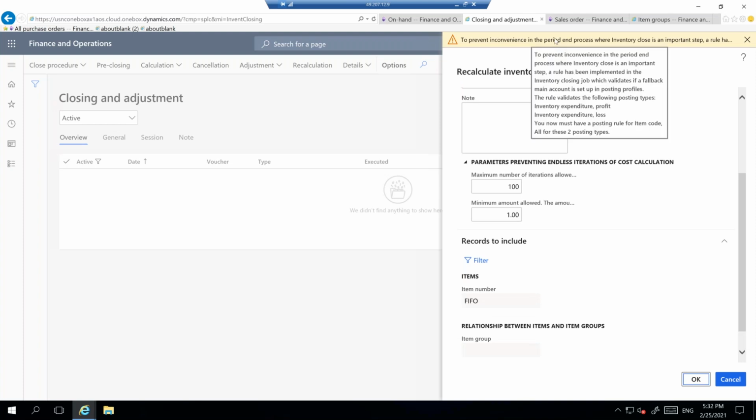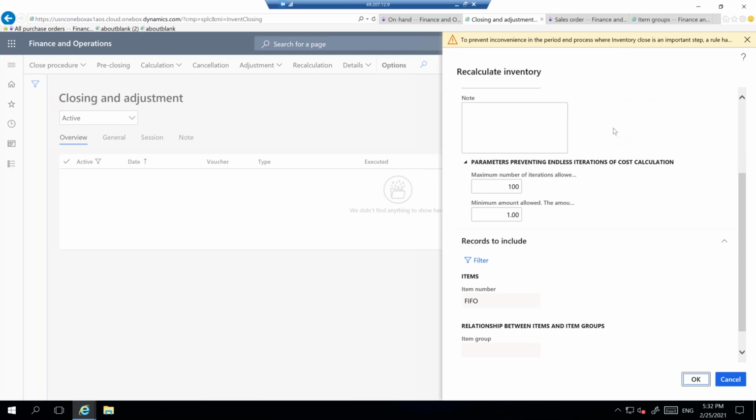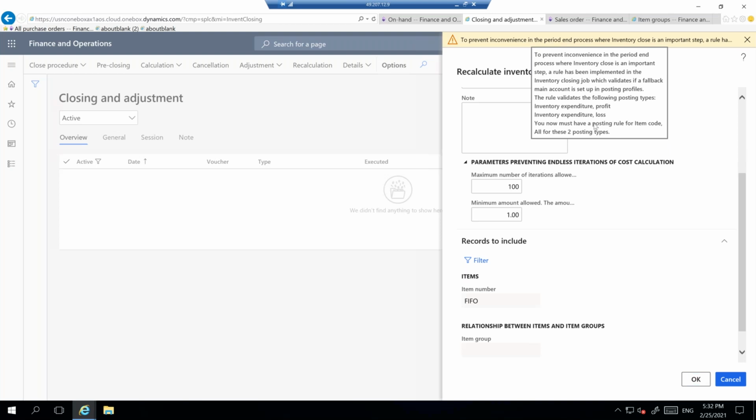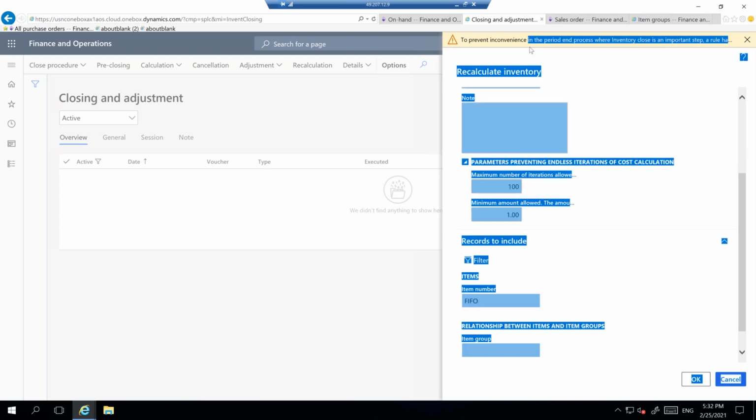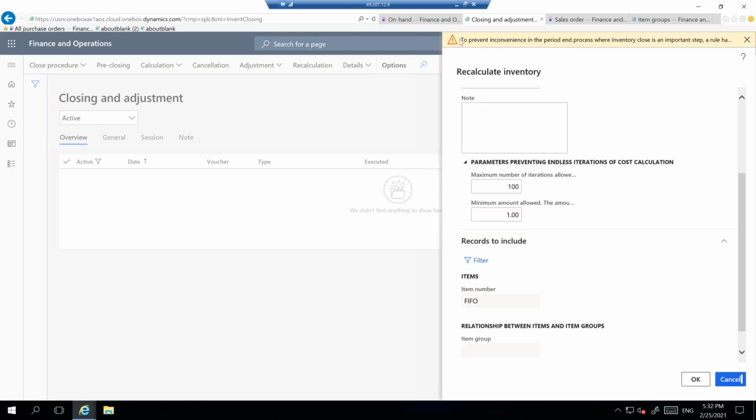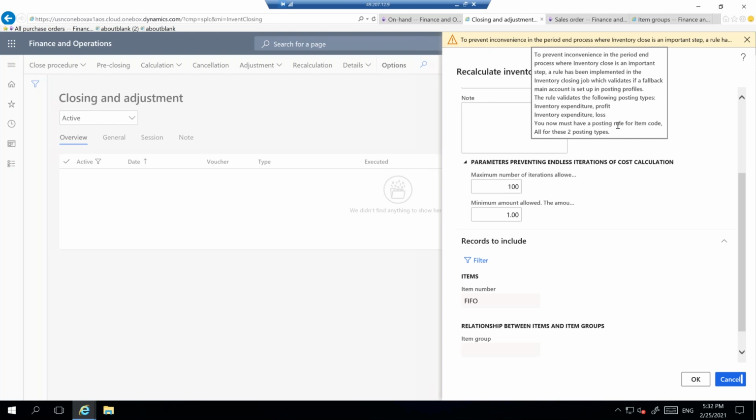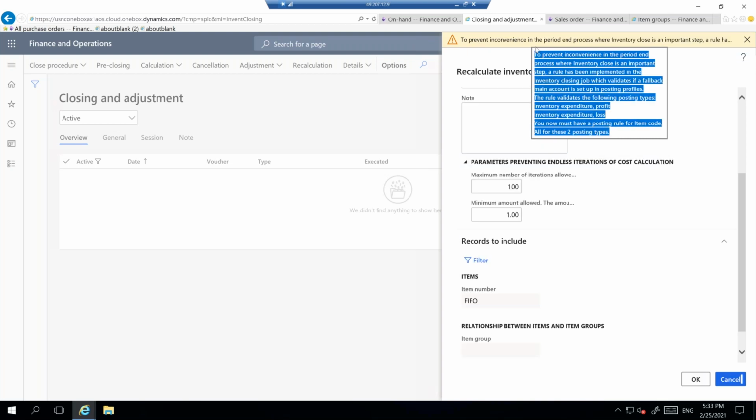One second. Give me one second. Recently, the inventory closing process was changed a little bit by Microsoft. Something I need to do.